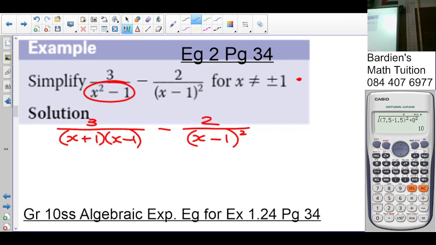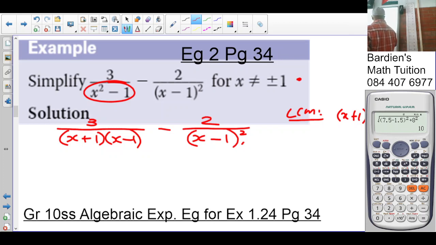Now what is the LCM? X minus 1, x plus 1. But there are 2 of the x minus 1, so it must be x minus 1 squared. Not all squared, it's only the x minus 1 that is being squared.